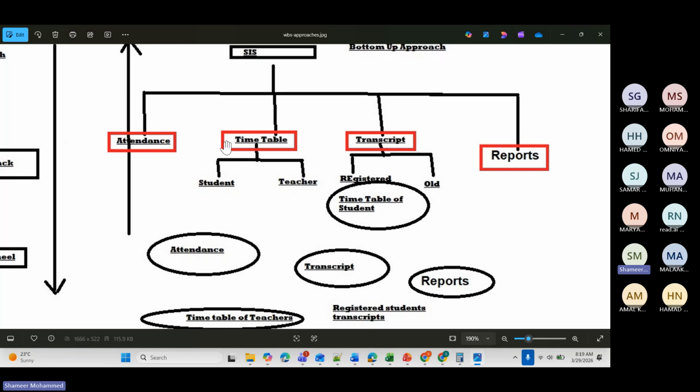For the individual modules, here you need 70 hours, here you need 20 hours, here you need 30 hours, then here you need 50 hours. So how many people, how much time, how much cost in total, if you add it, you can get the total project cost. This is one of the techniques, the bottom up approach.